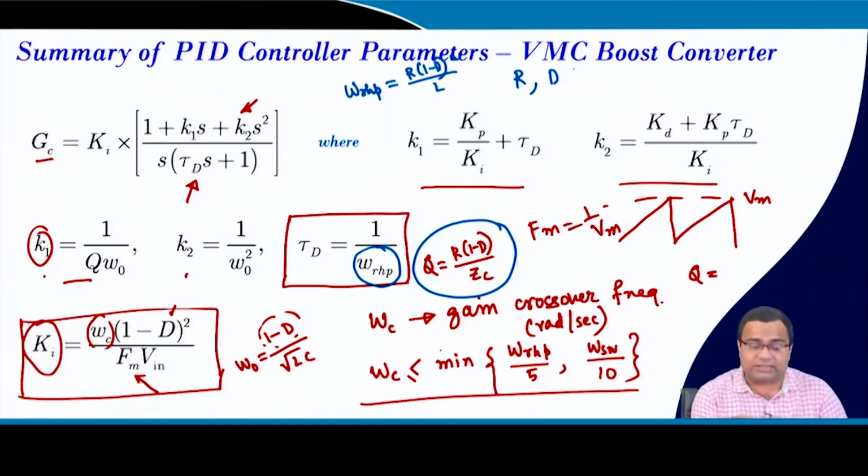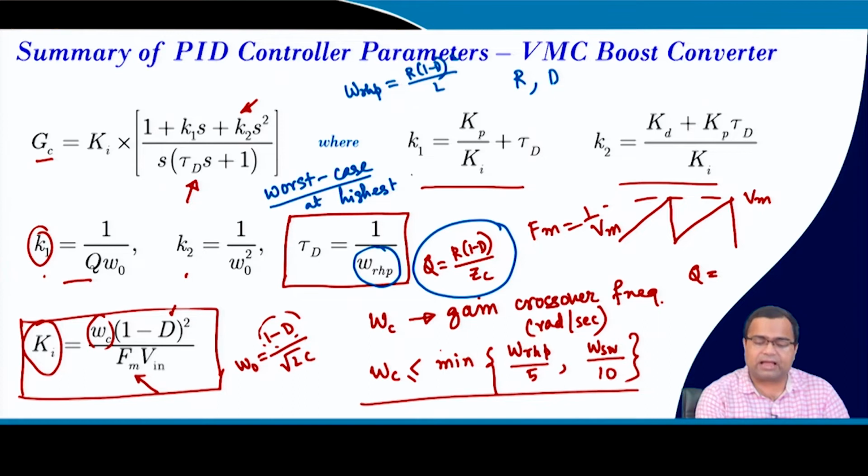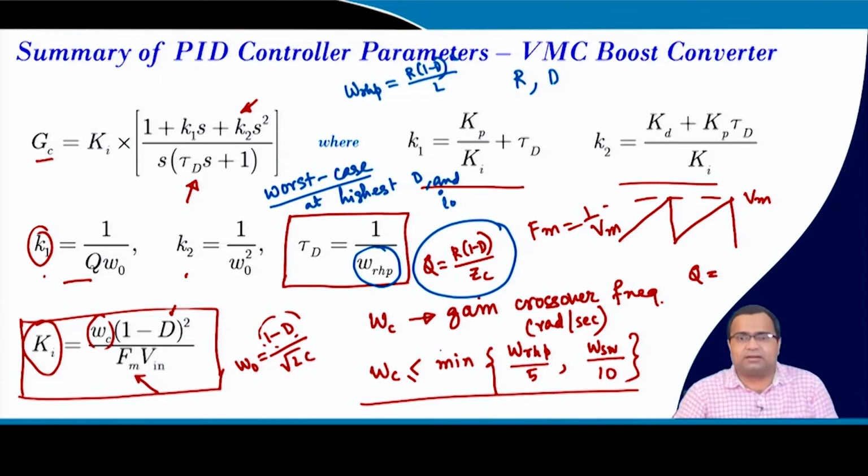As a result, you have to design this controller based on the worst case, and the worst case generally happens at highest duty ratio and highest load current. But your converter may not operate in this worst case condition all the time. In fact, most of the time it will operate at other operating points, and because of this worst case design we lose the performance benefit. So, it will be very slow.